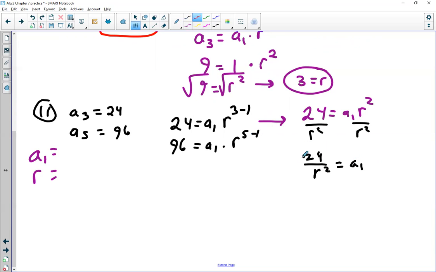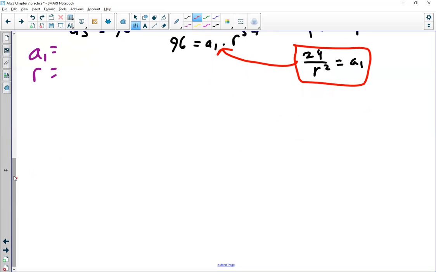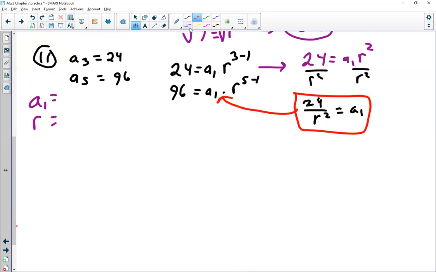I could take this and plug it into my other equation. This is a system of equations, but we're doing the substitution method. So over here, I'm going to plug it in. 96 equals, this A1 becomes 24 over R squared times R to the 5 minus 1, which is R to the 4.